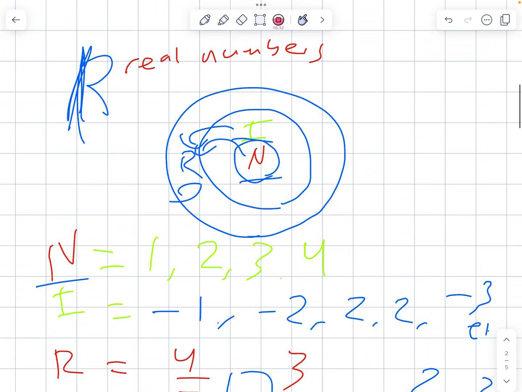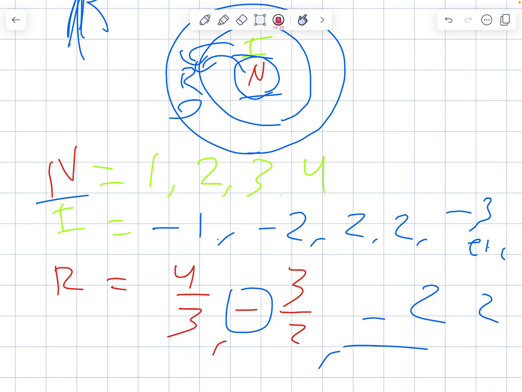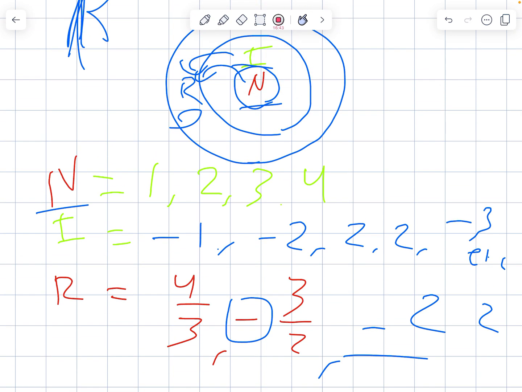We did a little aside here about the natural numbers, integers, and real numbers. A natural number: 1, 2, 3, 4. Integers, make that negative. Rational numbers, make that a fraction. The natural numbers are a set included in the integers, which are included in the real numbers. But we can't go the other way.